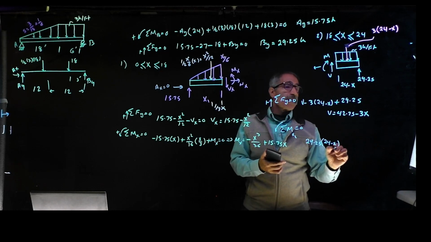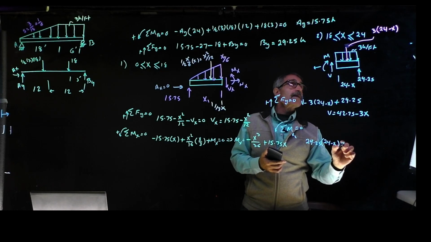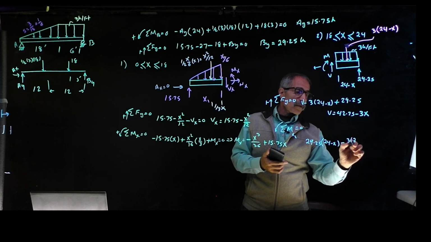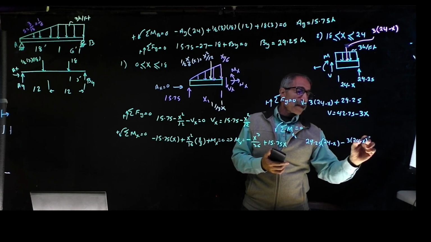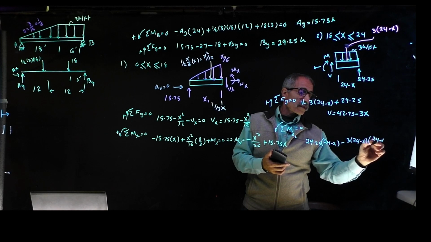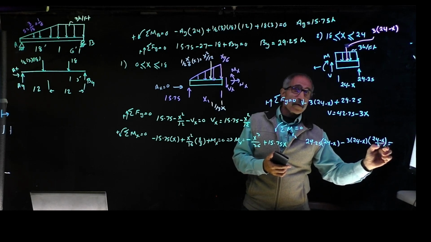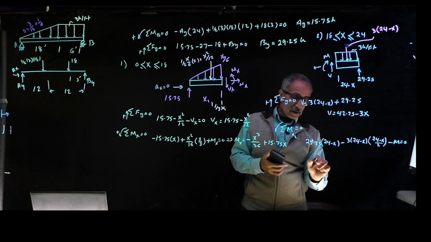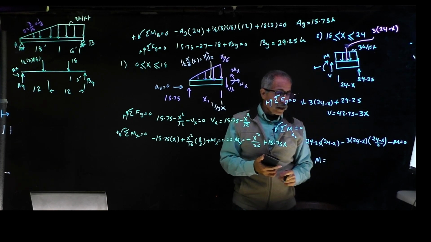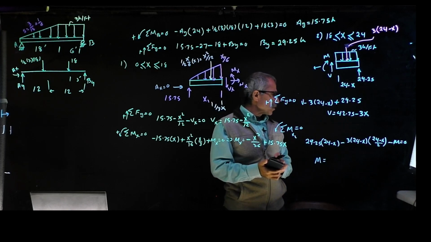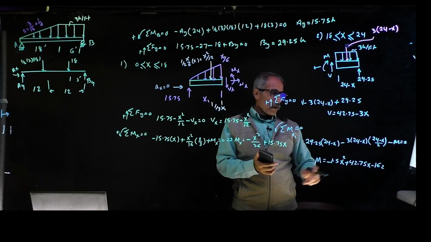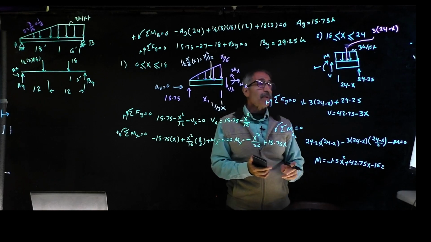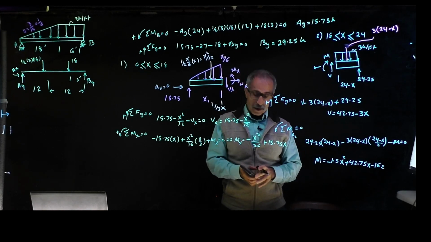Then we have minus 3 times 24 minus x times 24 minus x divided by 2, minus M equals 0. All right, good luck. Go ahead, spend a couple of minutes and do this. I just did it. Simplified, it comes out to that. So now we did it both ways.